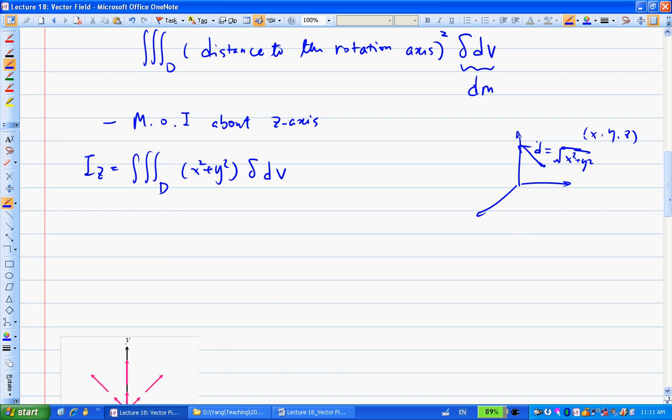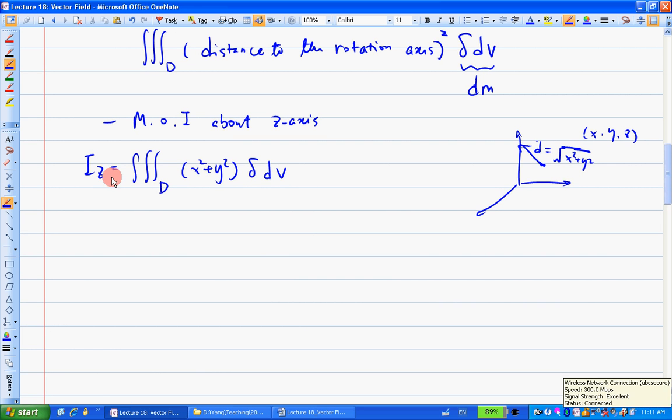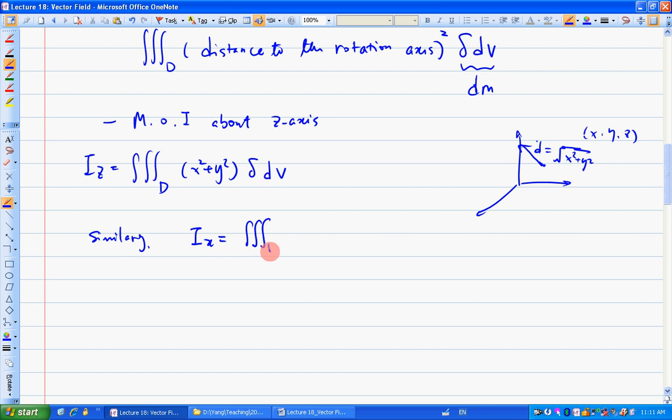Similarly, you can derive the moment of inertia about y and about the x-axis. When you're calculating the moment of inertia about the z-axis, there's no z here.